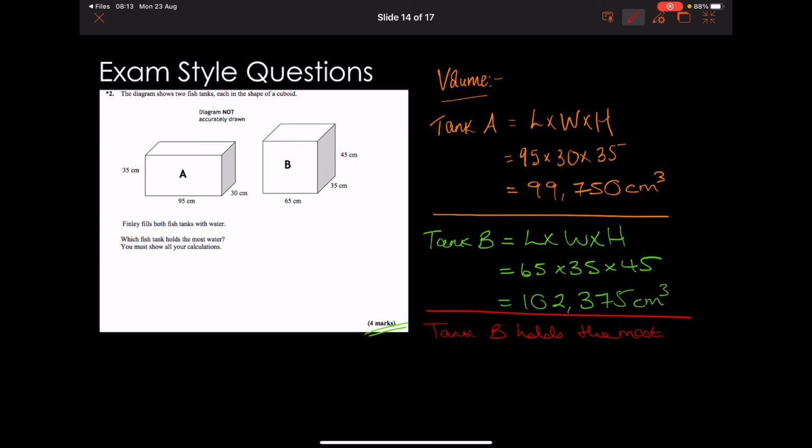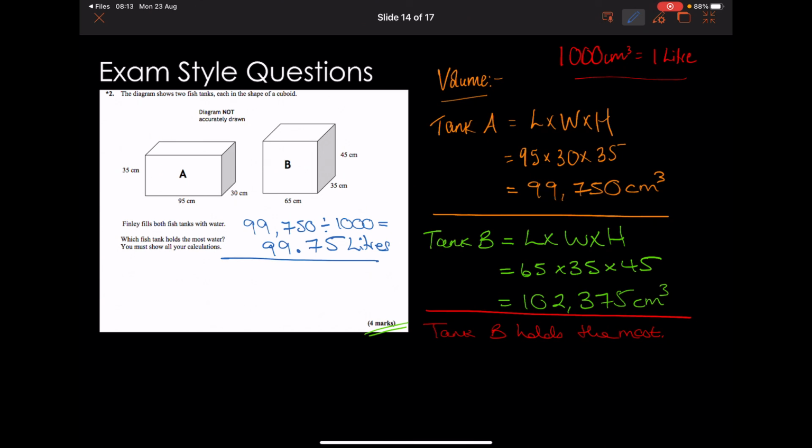The other thing you could have done if you wanted, now 1,000 centimetres cubed equals 1 litre. So what you could do, if you wanted to, you don't have to do this, is 99,750 divided by 1,000, which gives you 99.75 litres.